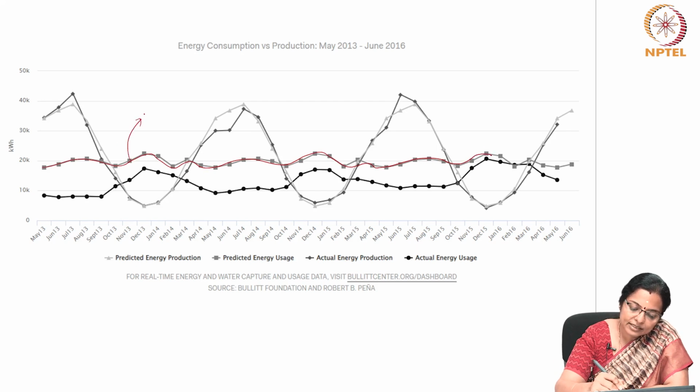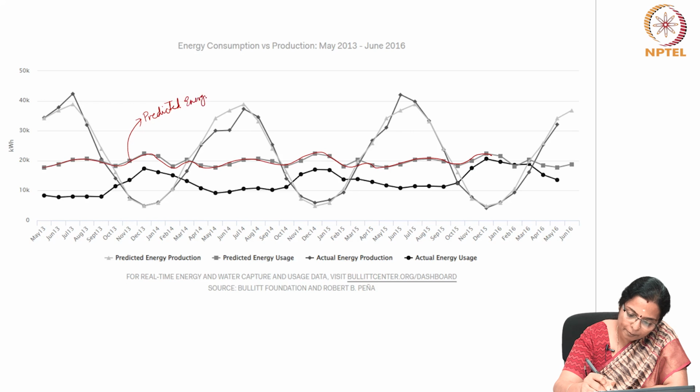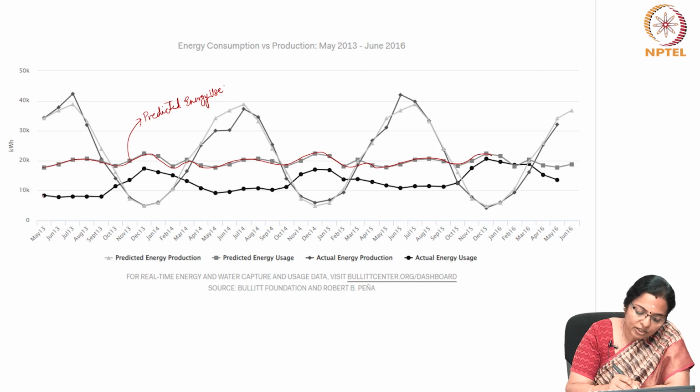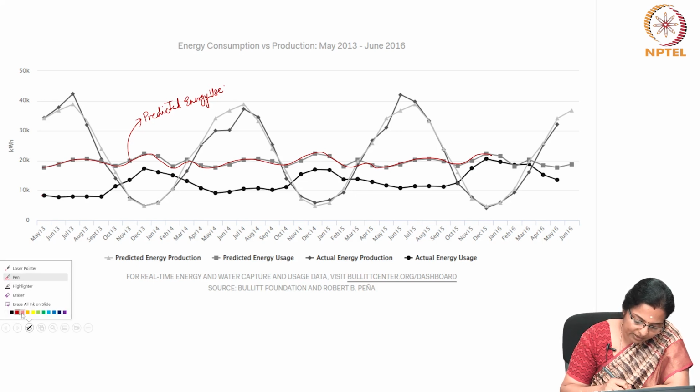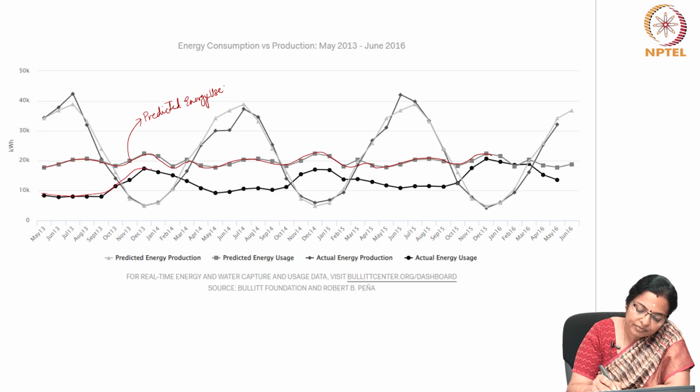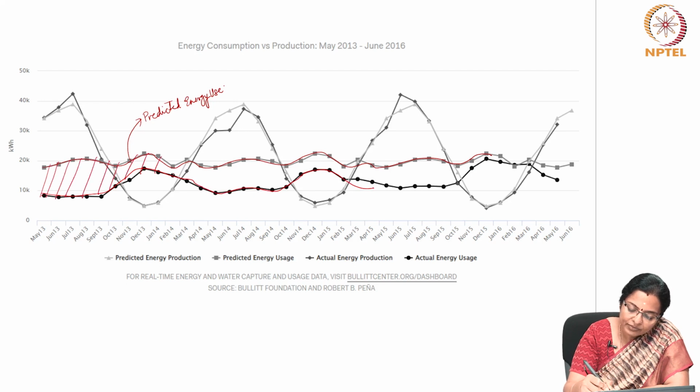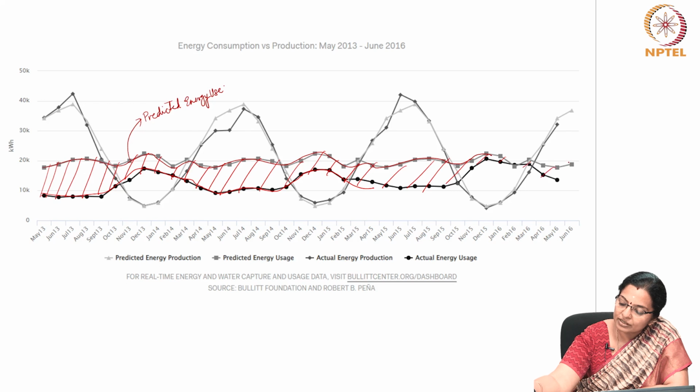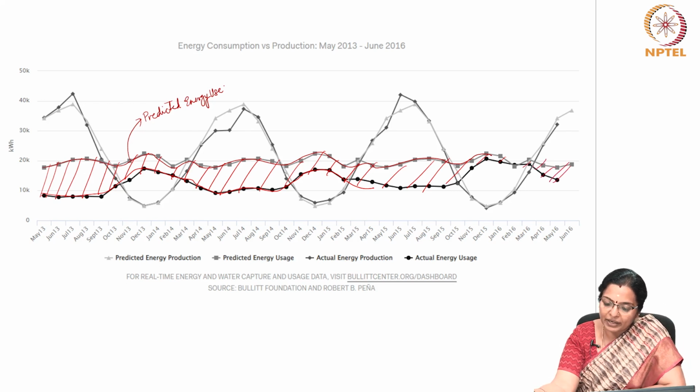So, the building is predicted to use this much energy, whereas the building actually used a much lesser quantity of energy. You can see that there is this much gap between the predicted energy use and the actual energy use. So, the building has used much less energy than it was predicted to.